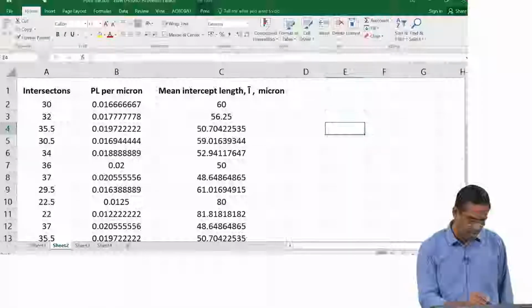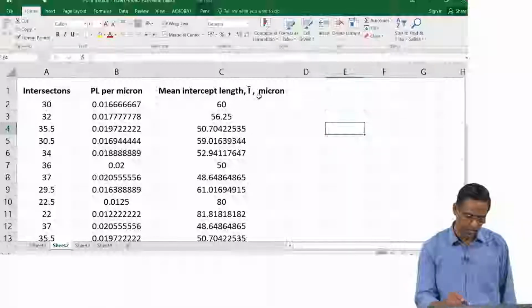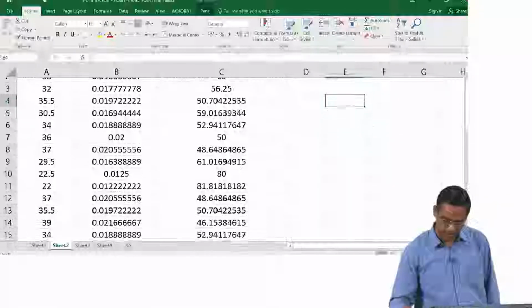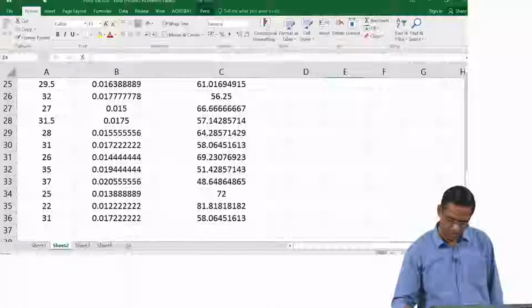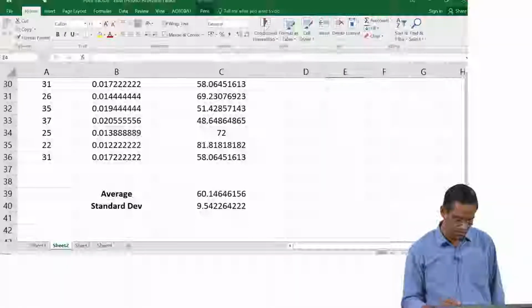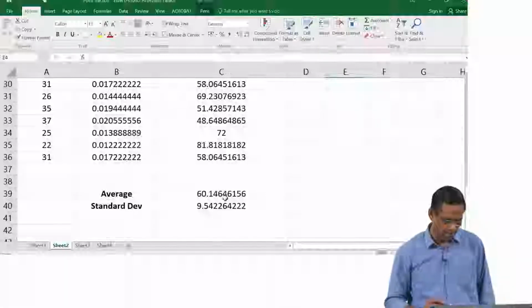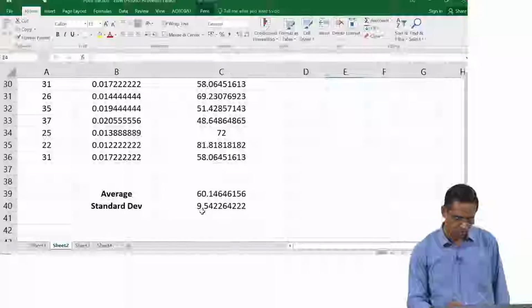This is PL, per micron, and then of course, mean intercept length is 1 by PL. If you look at this, I have done the calculation of the average mean intercept length, which is about 60.14, and the standard deviation is about 9.54.